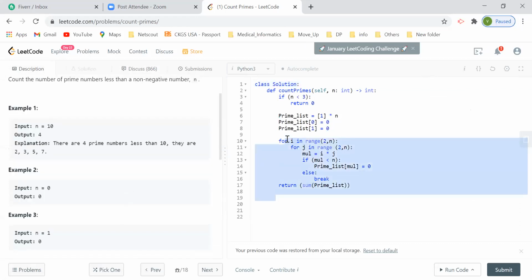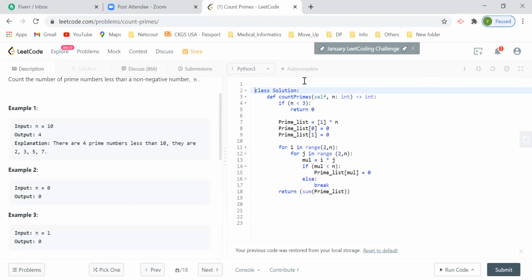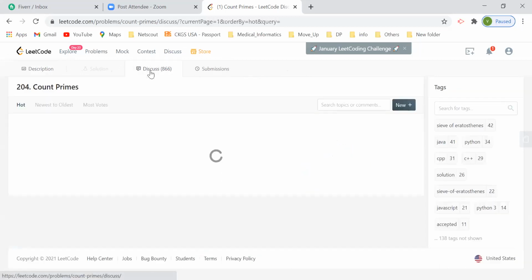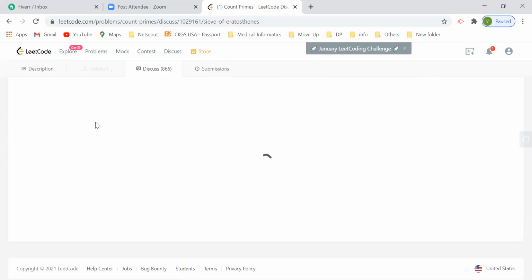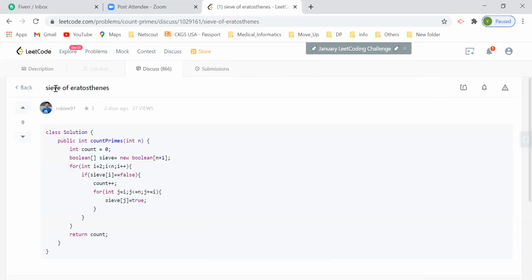If you click that discuss, there's a name called the sieve of Eratosthenes, that's the algorithm name. Okay.